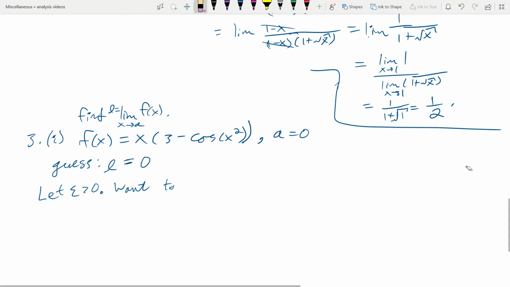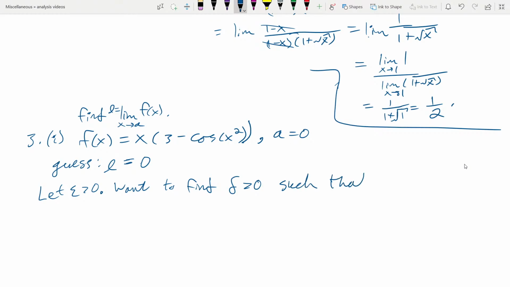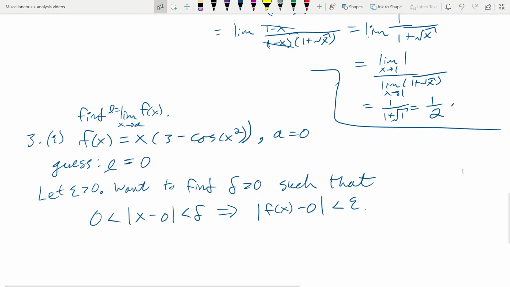We want to find a delta bigger than 0 such that if the absolute value of x minus 0 is less than delta, then the absolute value of f of x minus 0 is less than epsilon. And delta is going to depend on epsilon.